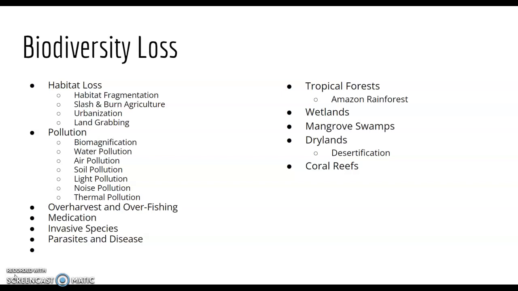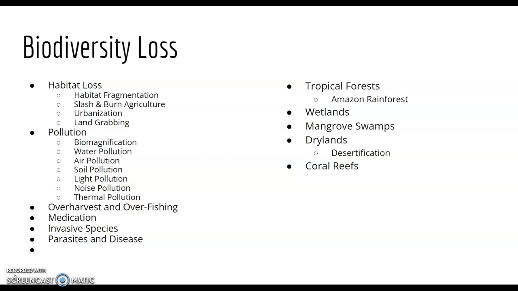If an animal is introduced to an area that it is not normally in, it can take up food and habitats that other animals need. Therefore, the native animals cannot survive anymore, and those invasive species kind of take hold of that area. And lastly, parasites and diseases are also a big issue that can break down and lose biodiversity.